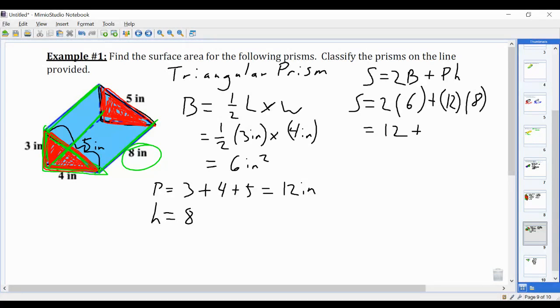Use a calculator, make sure you get it right, is 96. 12 plus 96, that's our final answer, is, make sure you use a calculator and double check to get it right, 108 inches squared.